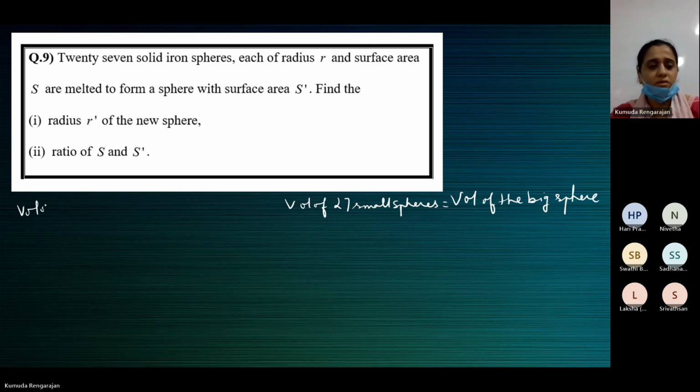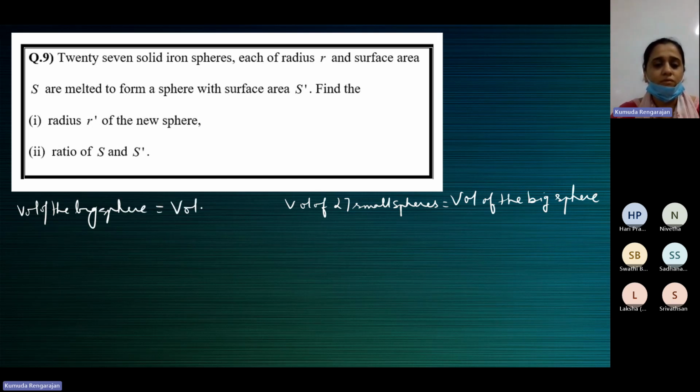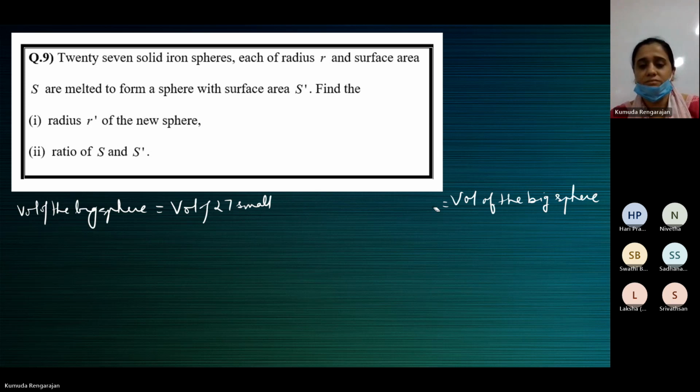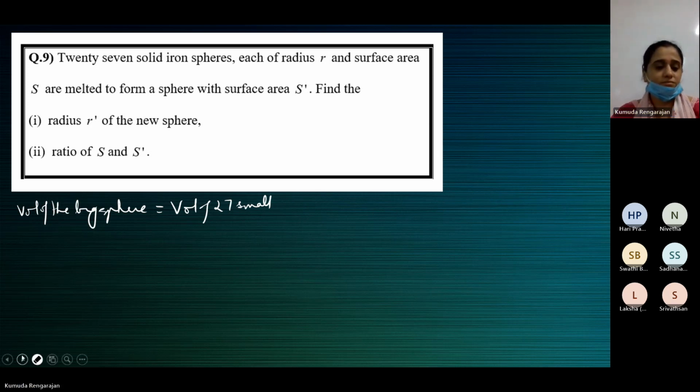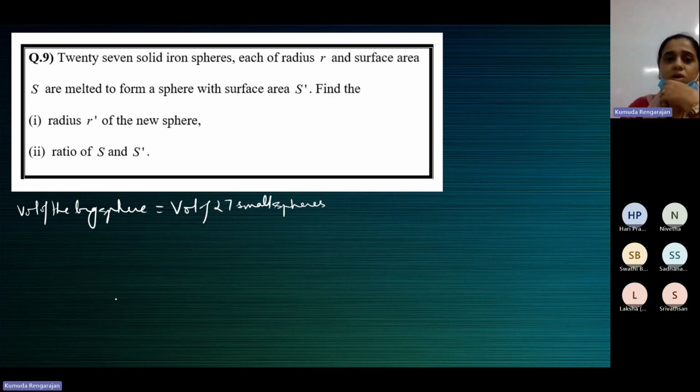Volume of the big sphere is equal to volume of 27 small spheres. That's what is given there. All right? Okay. So how do you find the volume of the big sphere?